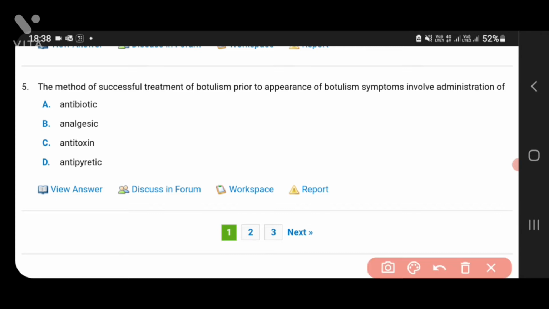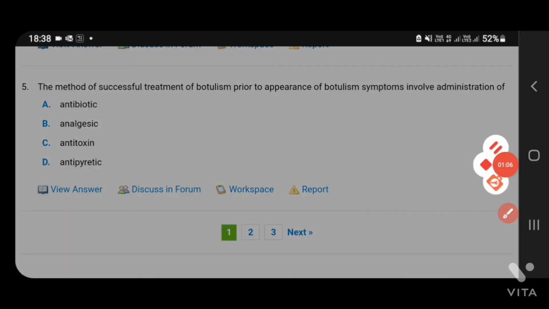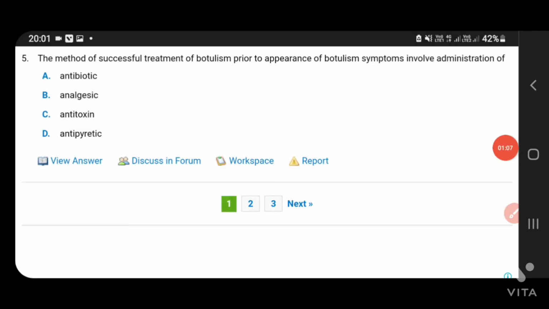Next question is, the method of successful treatment of botulism prior to the appearance of symptoms involves administration of what? You can only use antitoxins to neutralize the toxins produced by botulism. Antibiotics act against bacteria and kill bacteria.